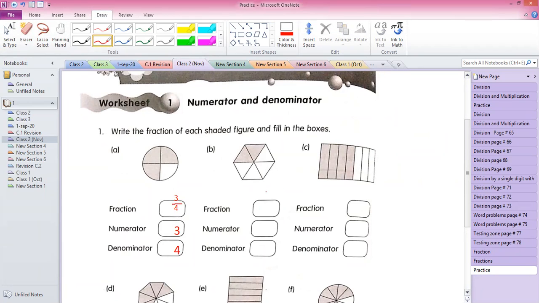This is our fraction. So what is the fraction of this figure? Fraction is 3 over 4.